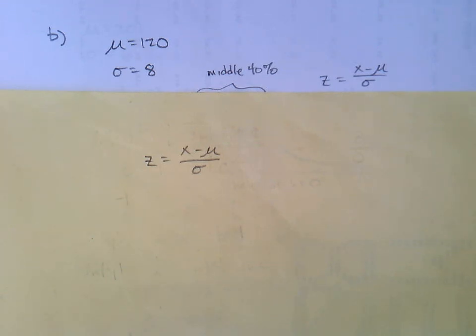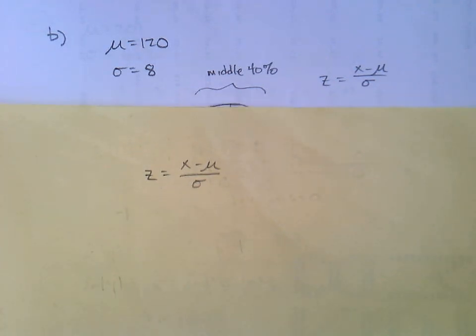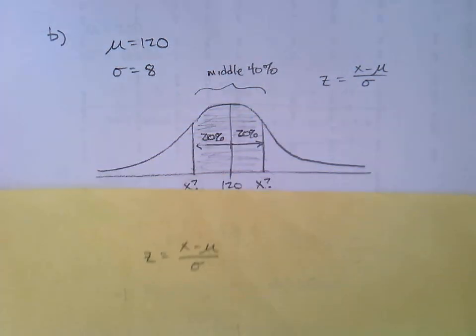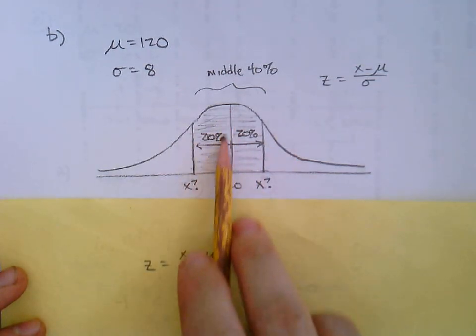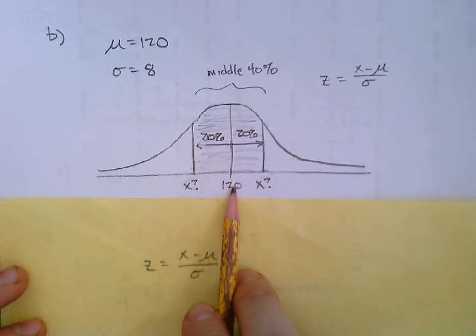Okay, so let me give you a graph. I find especially in part A, I think it was huge to have that graph. In part B, I don't see how anybody can do this one without a graph. When they say the middle 40%, they mean the 40% that is symmetric about the mean.